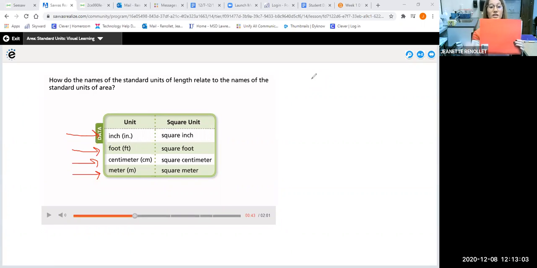I could measure using centimeters, like my small pinky. How many centimeters are inside? That would be called square centimeters. Okay, so we're going to keep watching to see how we can use this knowledge of measuring units. How does that connect to the area?